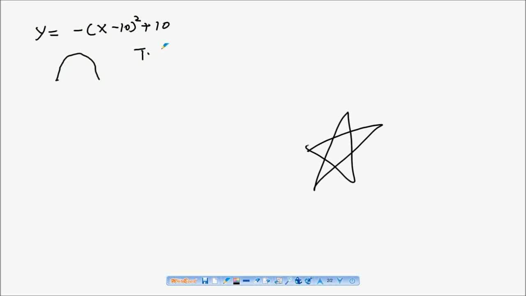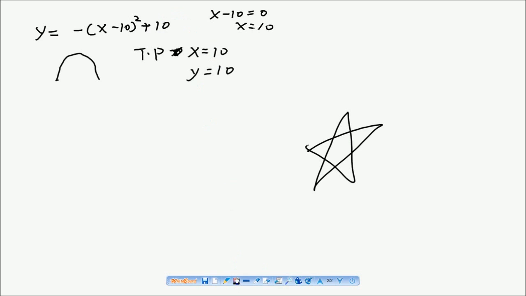Also, for the turning point of the graph, the x coordinate will be 10, because whatever is in the bracket, make it equal to 0, and x equals 10. So your x coordinate is 10, and your y coordinate is just the number there, positive 10. Just copy it down, positive 10.